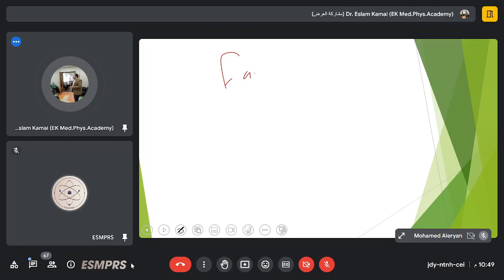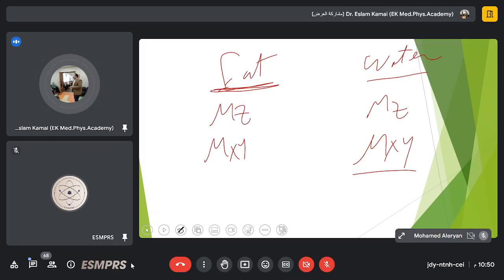Okay, but you are going to receive the signals from the whole organ, and the organ itself has MZ and MXY. But the main idea is, the difference in the signal is based on what? Based on the difference in the T1 constant or the T2 constant.